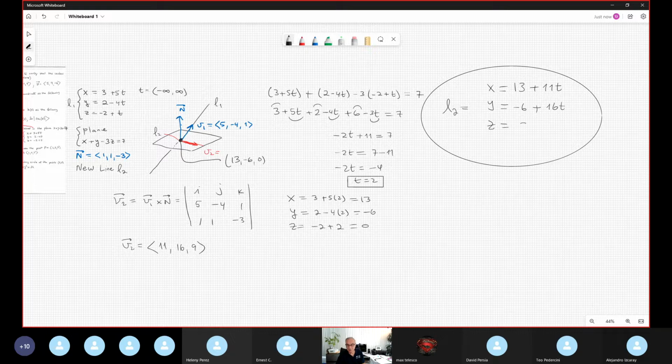But some students prefer to keep this format. You put the point here and the direction vector here, right? So either way, any smart way I accept. Correct and smart. You use your own style.